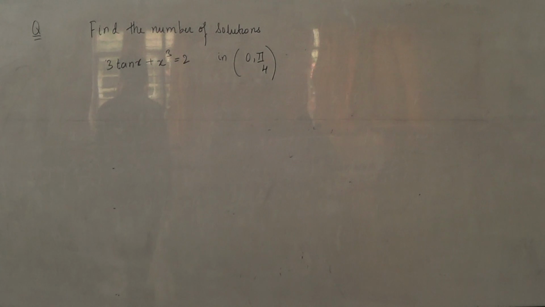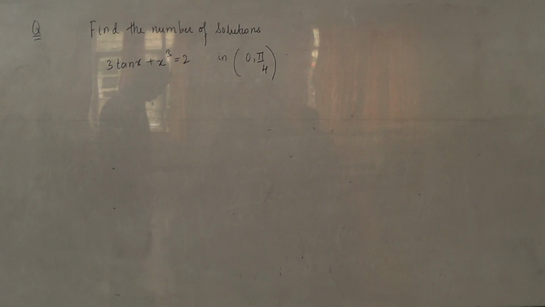One way to do it is to plot the graph of 3 tan x and 2 minus x cube and see where they intersect. Another way would be the use of calculus. Anybody has any idea how to do calculus?